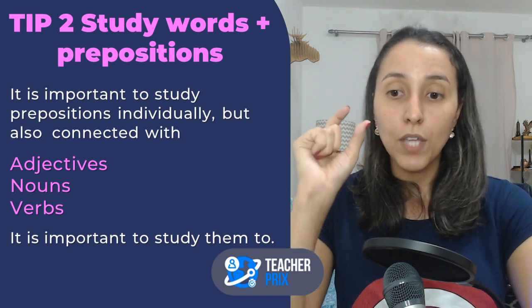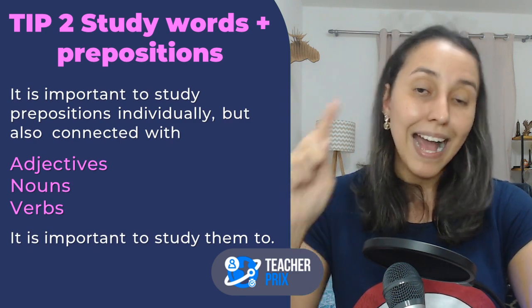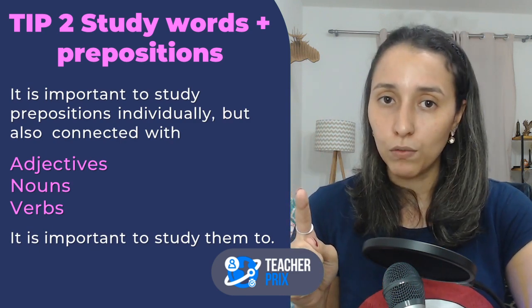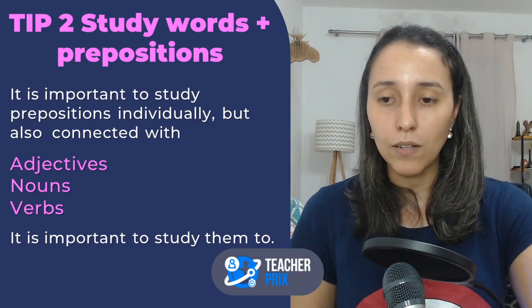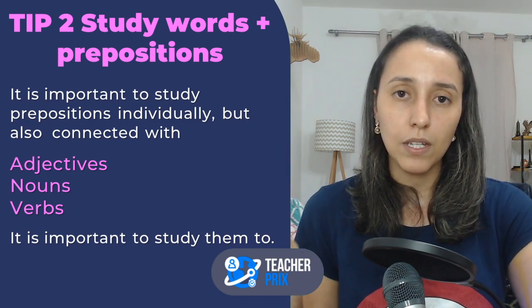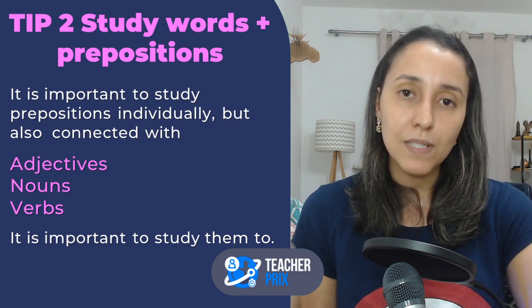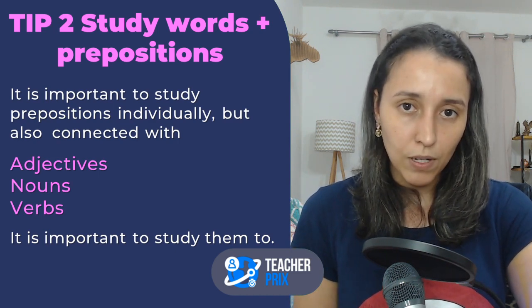And when I say verbs plus prepositions, I am not talking about phrasal verbs, okay? I'm just talking about verbs that are followed by specific prepositions. That's what I'm talking about.